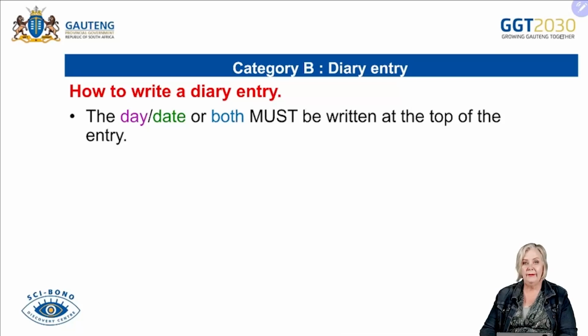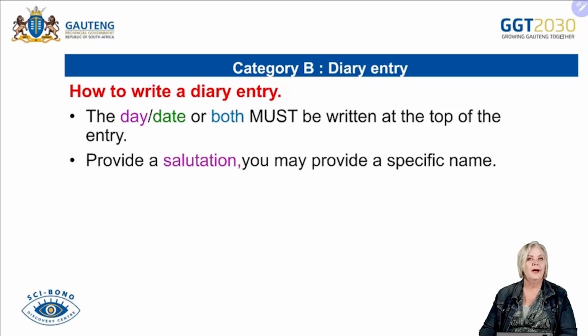The day and the date, or both, must be written at the top of the entry. Provide a salutation. You may provide a specific name. You can give your diary a name such as Dear Kitty, Dear Best Friend, Dear Bubbles, anything that you can relate to.